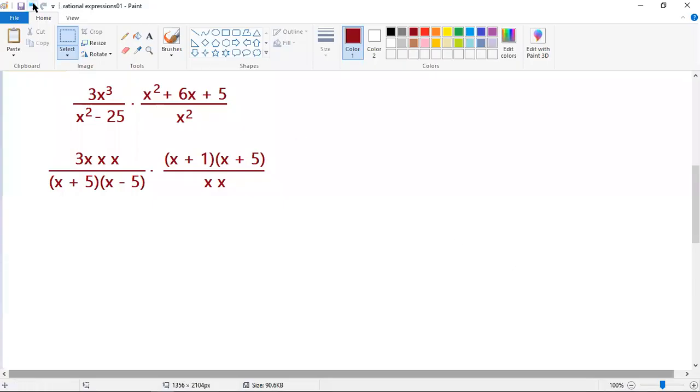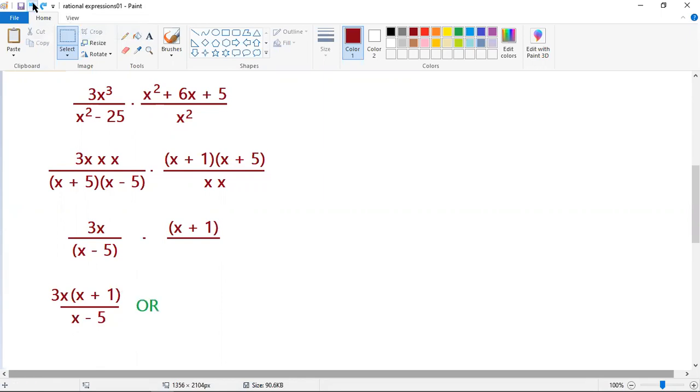With those cancellations, we get 3x over x minus 5 times x plus 1. Working on this, we have 3x multiplied by this numerator, x plus 1, over x minus 5. This is the final answer.